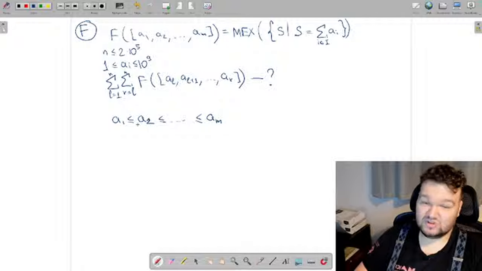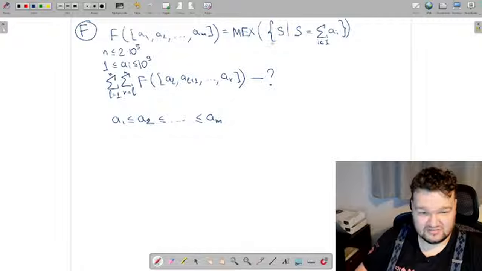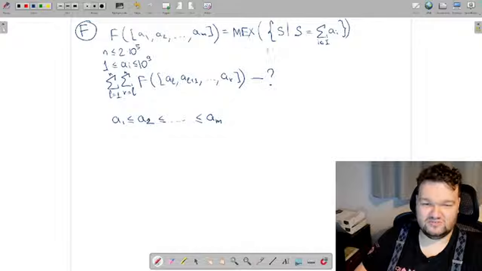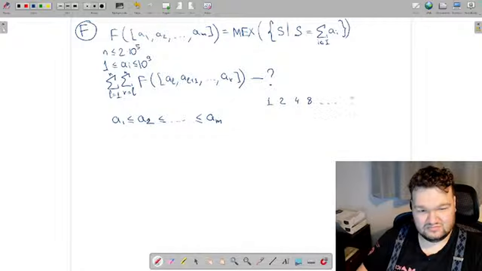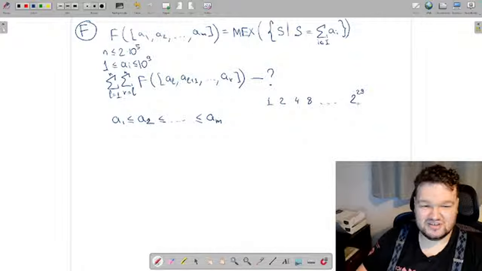Isn't the max always small? No, the max is not always small, because the size of the set is very big, like 2 to the power of m, and if your numbers are just powers of 2, only 30 numbers are needed to cover everything up to 2 to the power of 30.